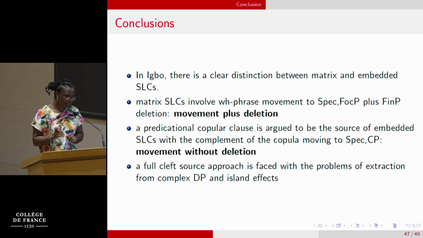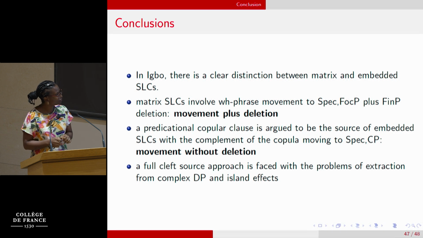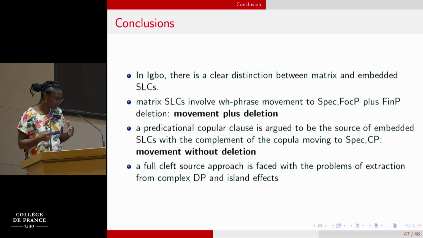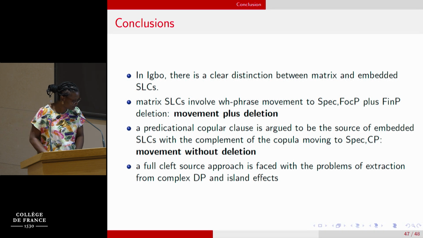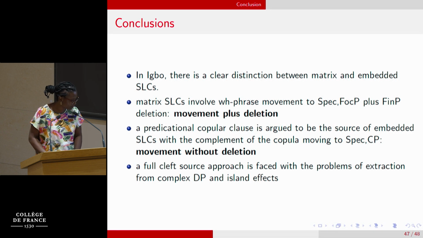In the case of the embedded sluicing-like construction, we simply have movement without any form of deletion. A copular clause source is being advocated for, but I show that these two kinds of sluicing-like constructions stem from different copular clauses.